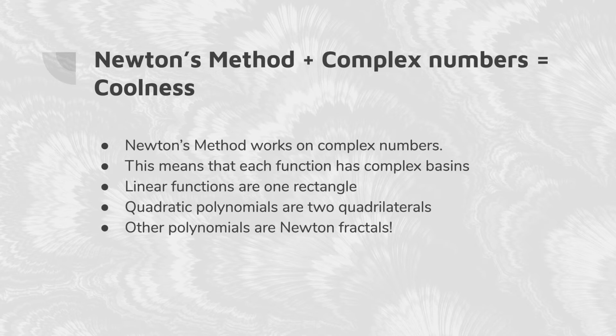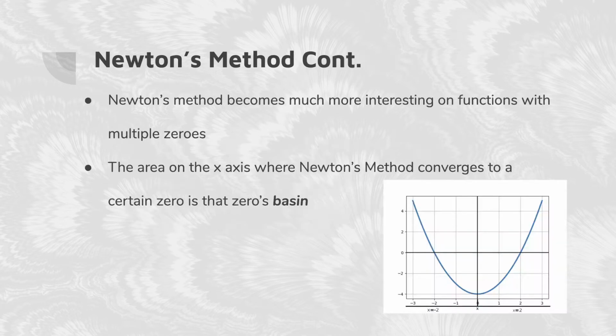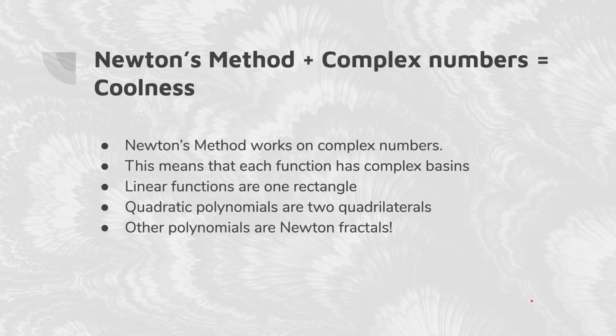Because you can plug in x naught to be any complex number, every function has complex basins, while our real basins are just a number line. If x is a certain value, you'll get one thing. If x is less than a certain value, you'll get another. But complex basins are areas on a graph, because the complex plane is two-dimensional.